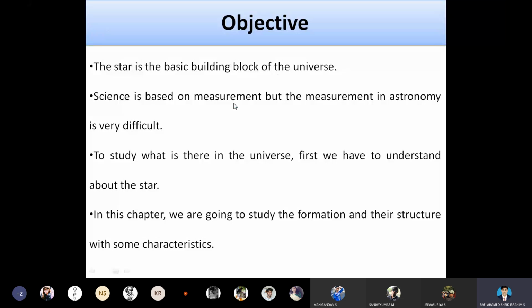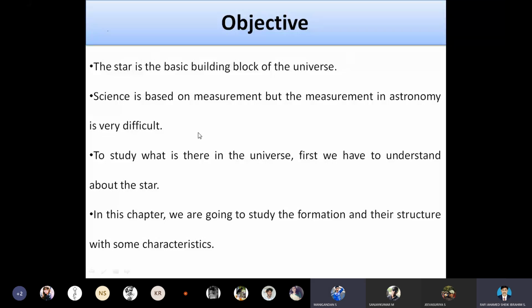Science is based on measurement, but measurement in astronomy is very difficult. If we want to measure the distance between two planets, we can't measure it just like that.